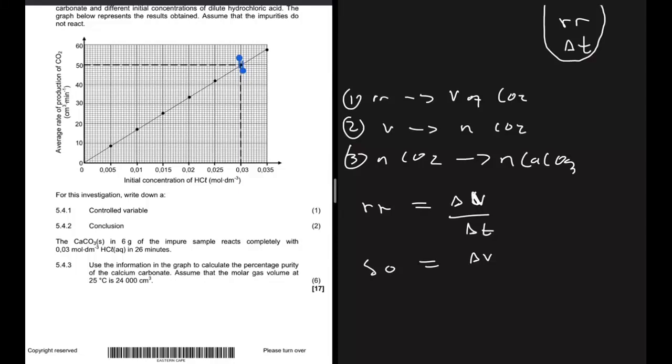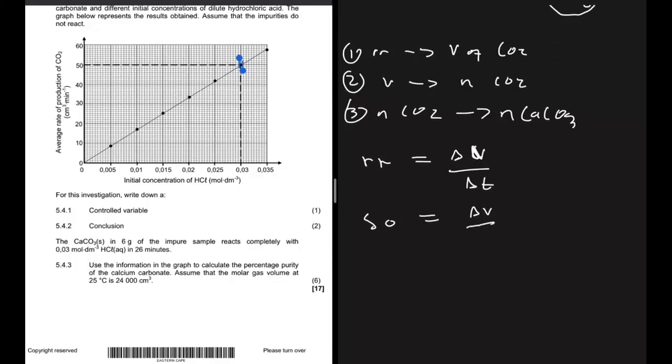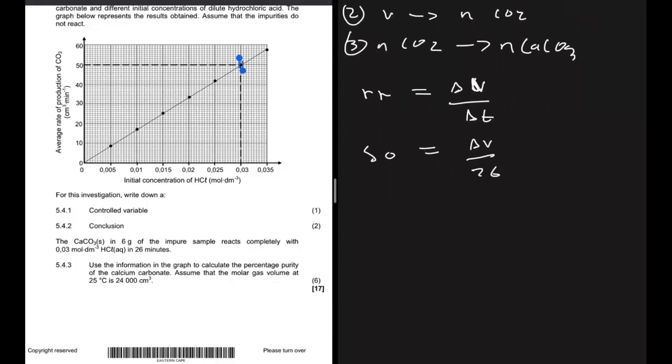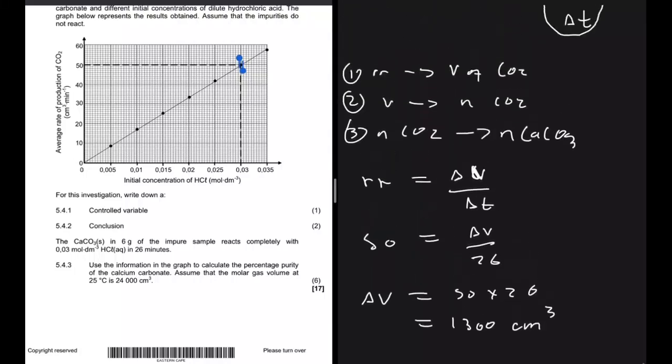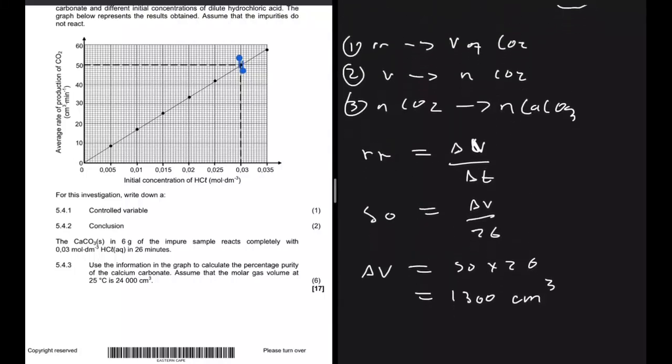We are told that it takes 26 minutes, so we're going to have 26 here. And then if we cross multiply, we get the volume equals 50 multiplied by 26, that is 1,300 centimeter cube, right?